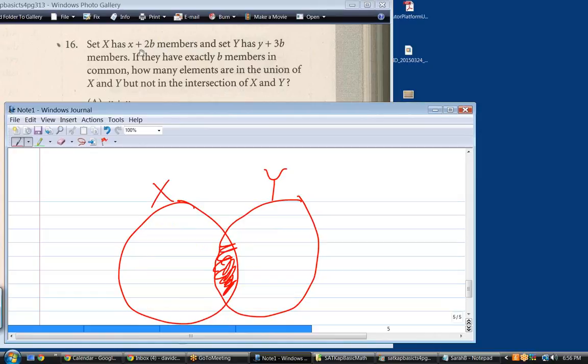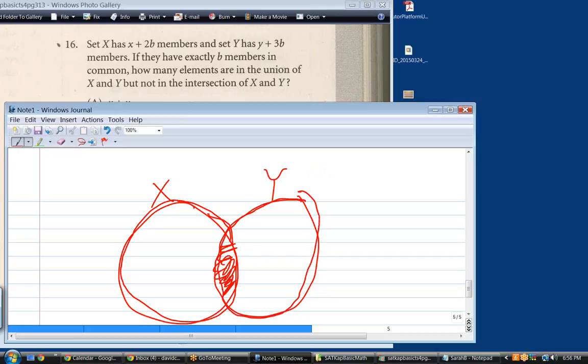Now, this tells you that x plus 2b is all of this. This tells you that y plus 3b is all of that.